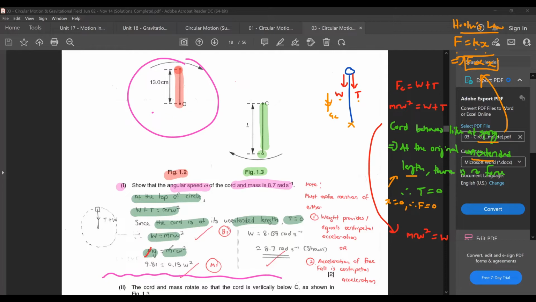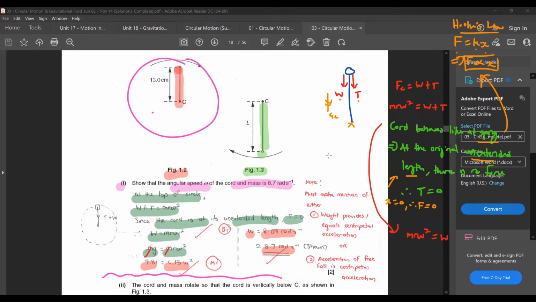W is just mg. The m's will cancel off, giving you 9.81 equals 0.13 omega squared. Then omega is 8.69 radians per second, and you will get 8.7 radians per second. This is shown. Most of the examples you've done so far that involve a mass tied to a string, the string is not extensible.